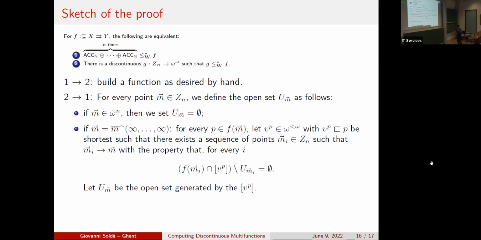You can assume that you have defined them by induction, and the induction has to be seen on the rank of the points. And Un is just the open set generated by these strings that you define.